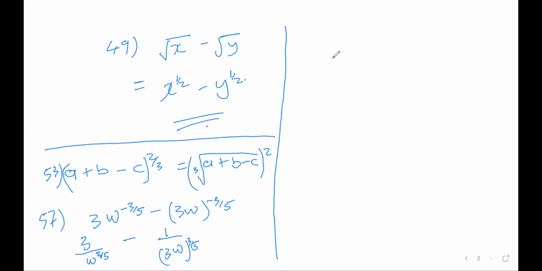So the whole thing becomes, the first one becomes the 5th root of w cubed minus, the second one becomes 1 over the 5th root of 3w cubed, like that. And that's then my radical form for that expression.